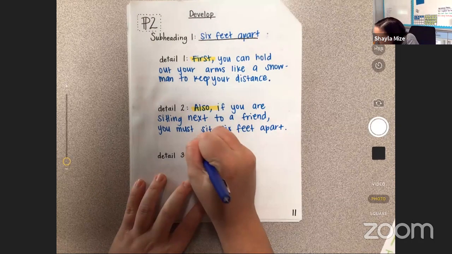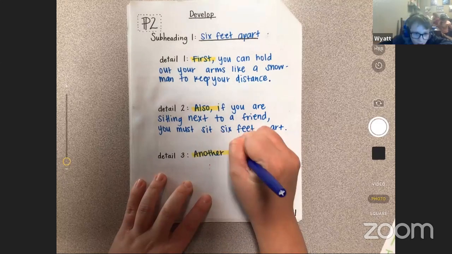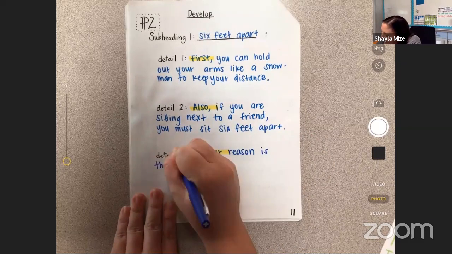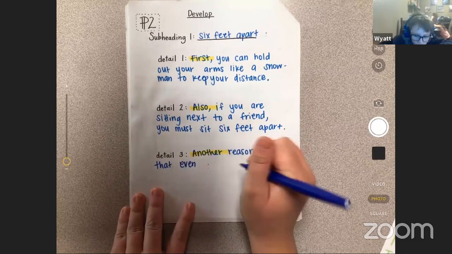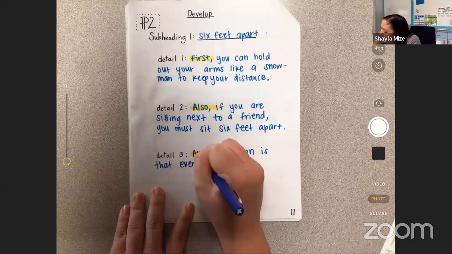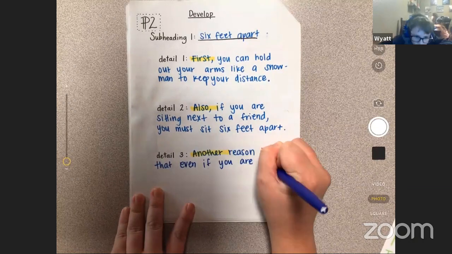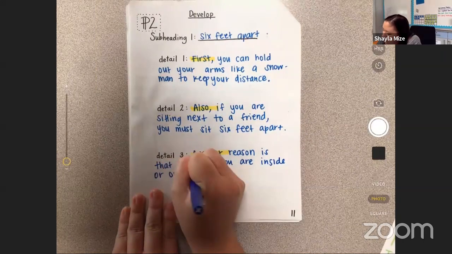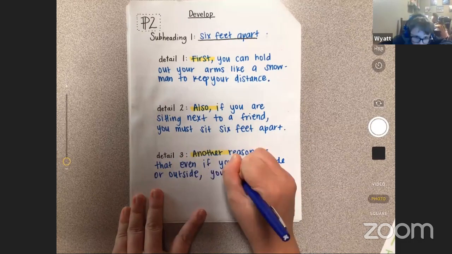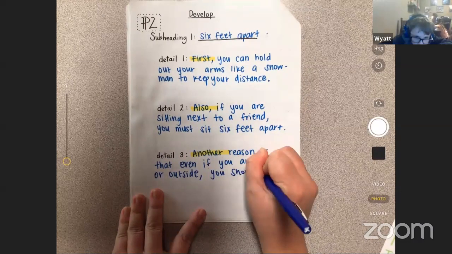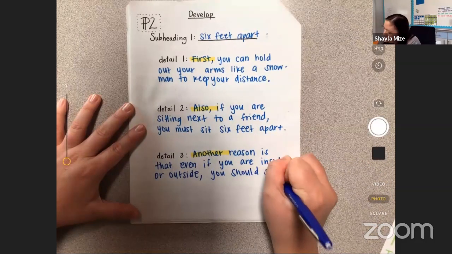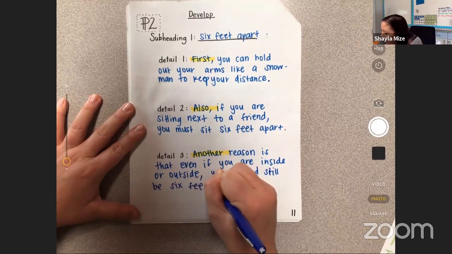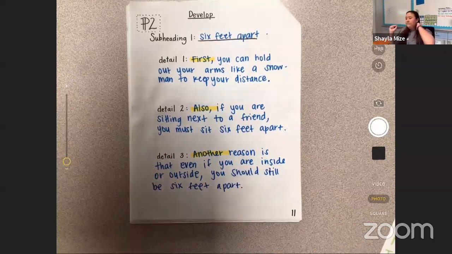Another reason is that even if you are inside or outside, comma, you should still be 6 feet apart, period.